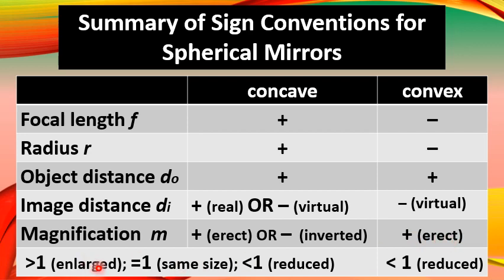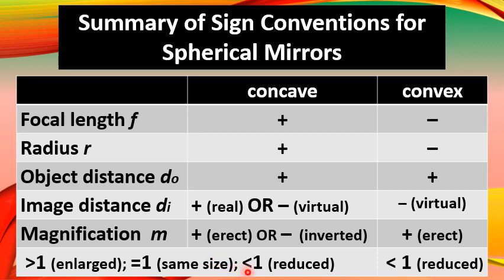Now, for the absolute value of the lateral magnification, in the case of concave mirror, small letter m can either be greater than 1, which means that the image is bigger than the object, or we usually say that the image is enlarged. When m is exactly equal to 1, it means that the image has the same size as the object.